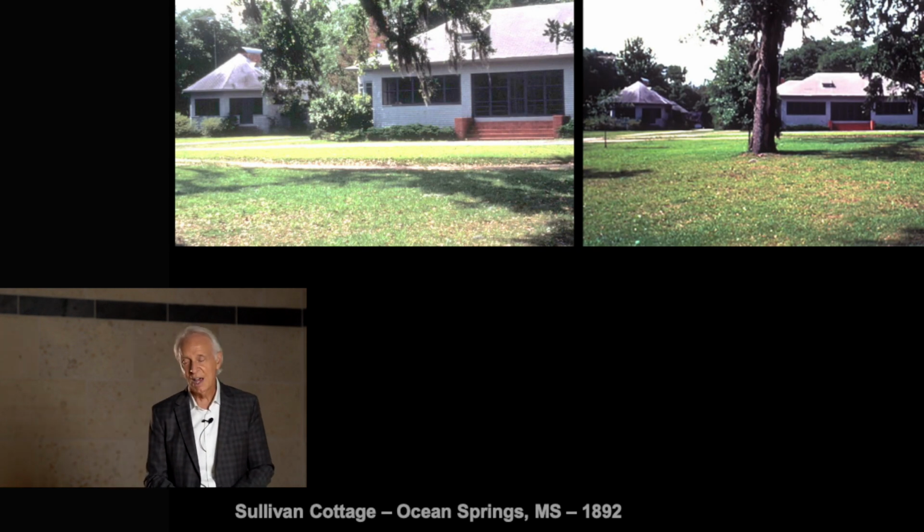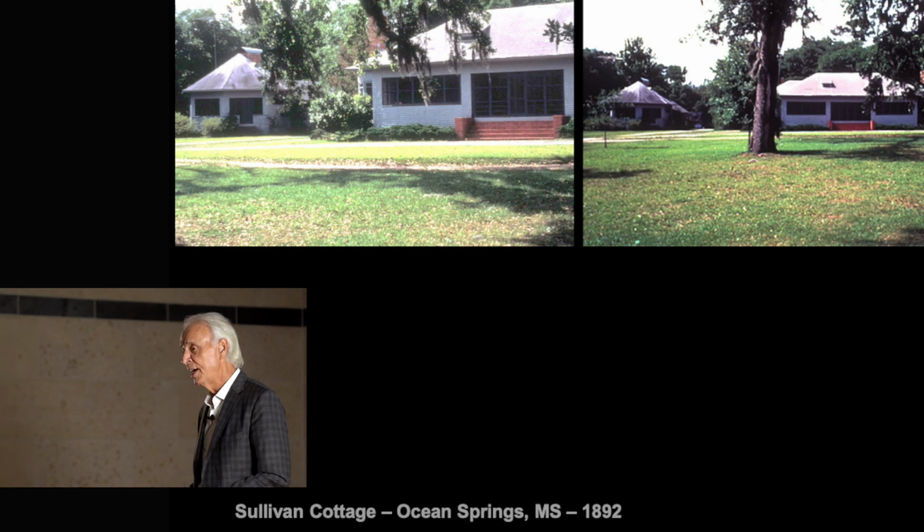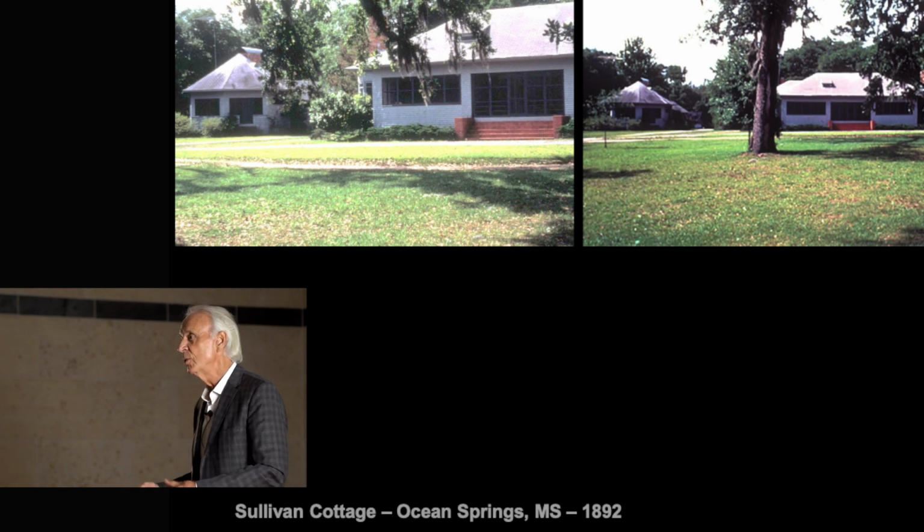This is a house that Sullivan did for himself. He had a vacation home in Ocean Springs, Mississippi, living in Chicago where it's cold, cold, cold in the winter. Interesting that as a young man, he became successful as an architect, and he made a lot of money. And so he had his summer house, or his winter house, that he would go to in Mississippi when it was cold in Chicago.